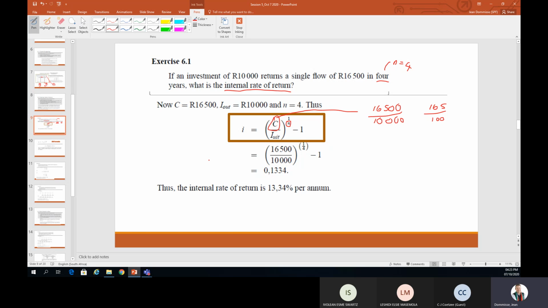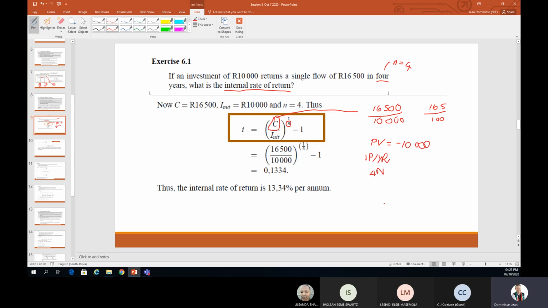So I just tested it on my calculator as well. If you set present value equal to minus 10,000, it is 1 time per year for 4 years.